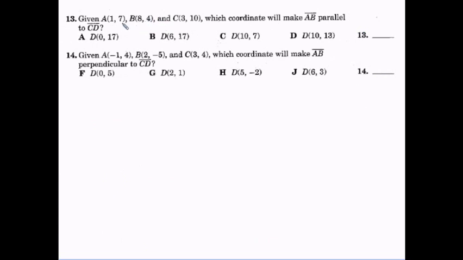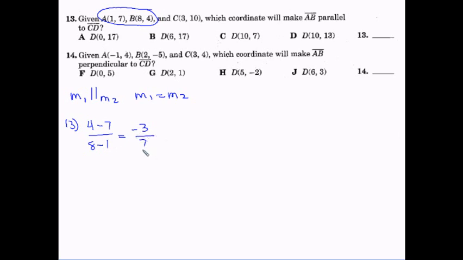Okay, I've got A and B and C, and we need to make these two lines parallel. So if they're parallel, then the slopes will be equal. So for number 13, I find the slope of AB first. So 4 minus 7 over 8 minus 1 is equal to negative 3 over 7.